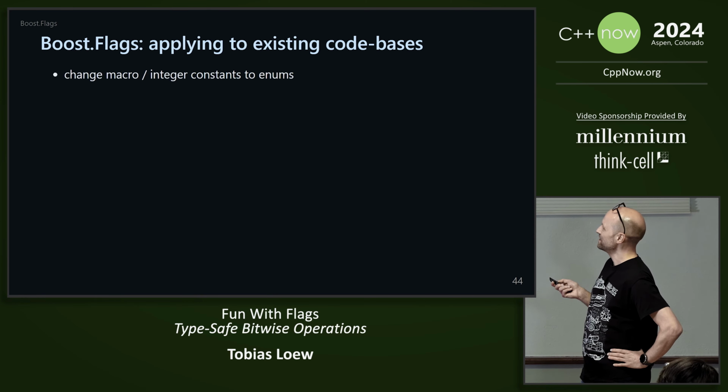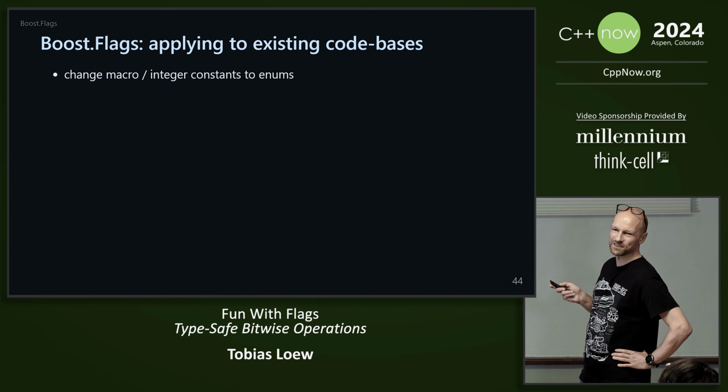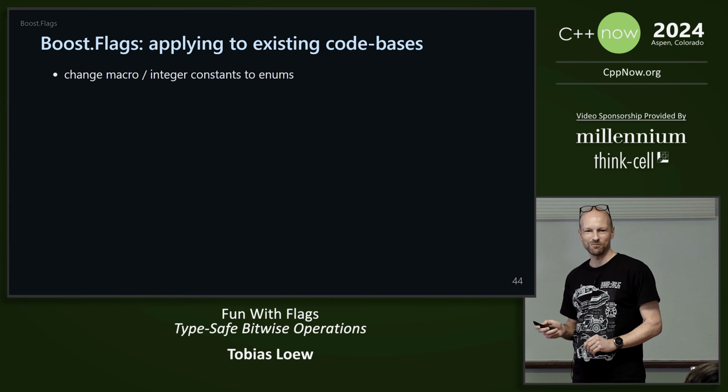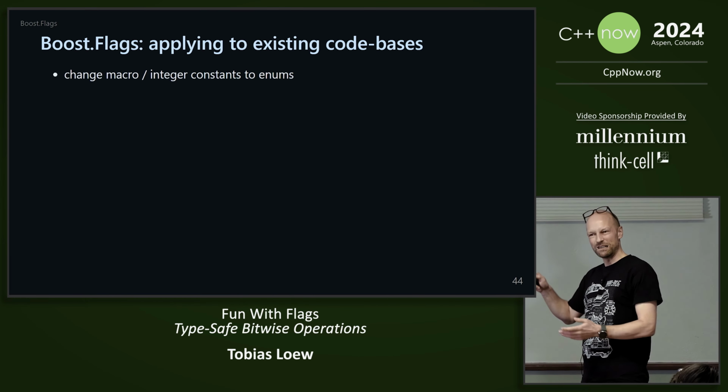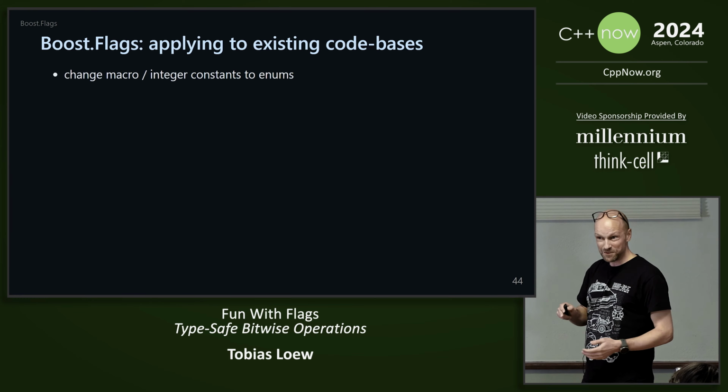How to apply Boost.flags to an existing code base? At first you should change macro definitions and integer constants to enums. If you already have enums, you can leave them or change them into scoped enums.